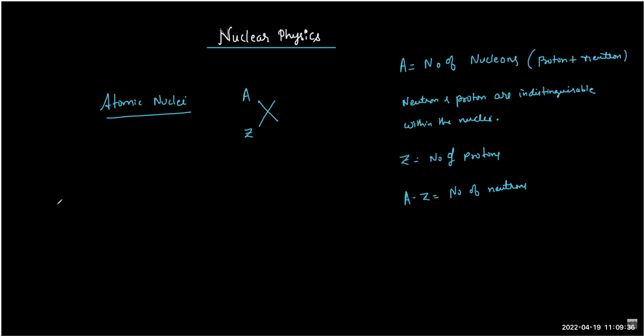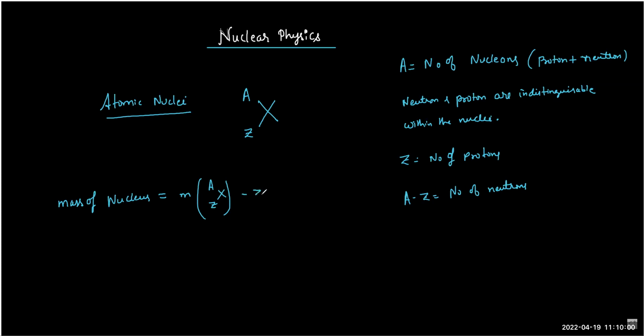And now comes the mass of the nucleus. How do we represent the mass of the atomic nucleus, or the atom? What must we subtract from the atom to make it the mass of the nucleus? The difference between the atom and the nucleus is only the electrons.